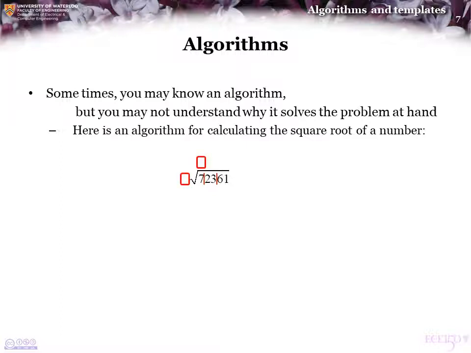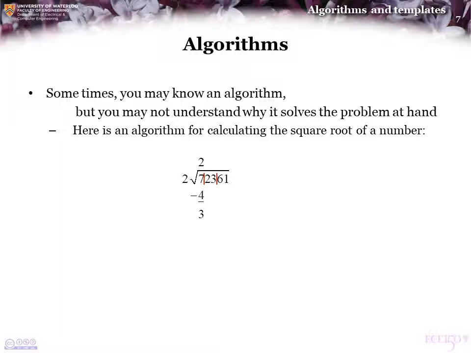We find a number that we can place in both of those locations so that that number times itself is less than or equal to 7. Well, 2 times 2 is 4, 3 times 3 is 9, 9 is greater than 7, so we're stuck with 2. Now 2 times 2 is 4, like long division. We bring it down and we subtract it off of 7 and we're left with 3.